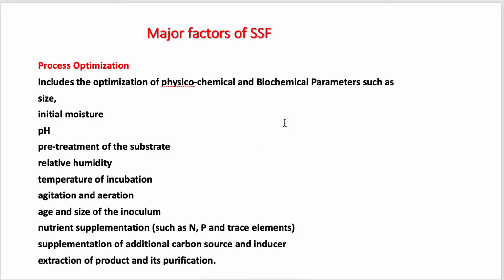Then process optimization. The process parameters need to be optimized, including different physicochemical and biochemical parameters. These include the particle size, initial moisture content, pH, pre-treatment of the substrate, relative humidity, temperature of incubation, agitation and aeration, age and size of the inoculum, and nutrient supplementation.